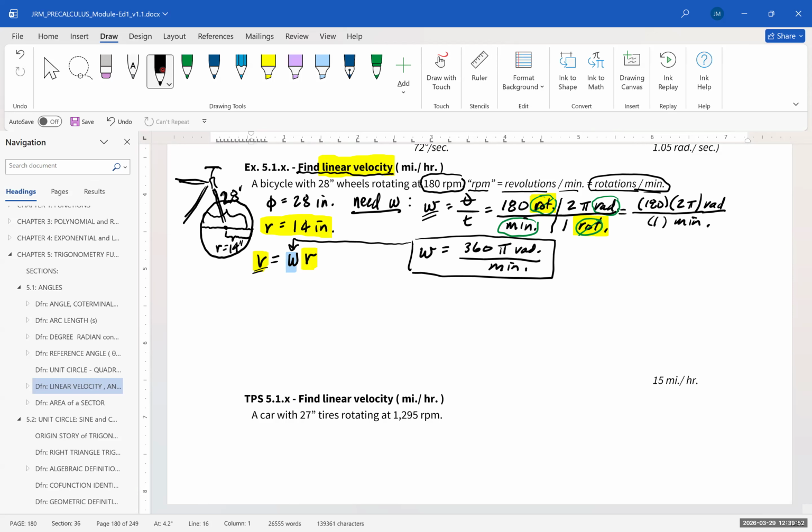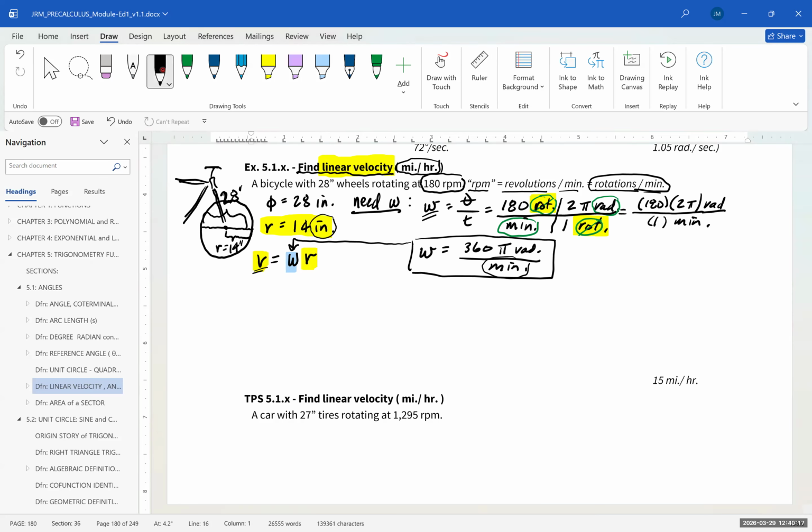Okay, but here's a little bit of a rub. This linear velocity that we calculate has to be in miles per hour. And we've got a problem here because our units are in inches per minute.